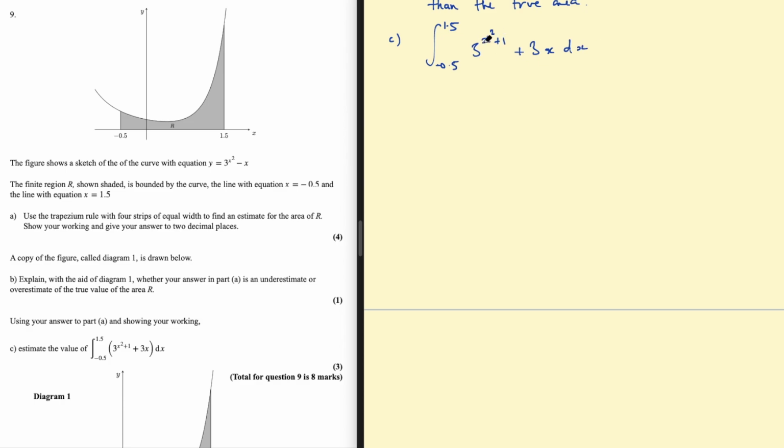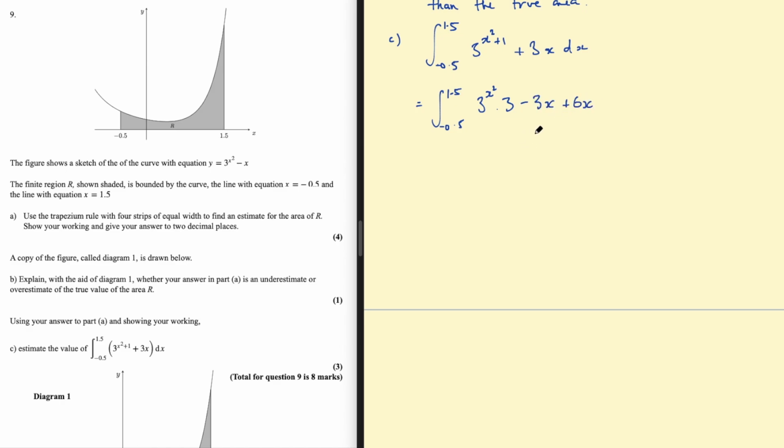Firstly, recognize that if we have 3 to the power of x squared plus 1, we can write that as 3 to the power of x squared multiplied by 3. Okay, so that when you're adding the exponents, it's the same as multiplying numbers with the same base. Then this plus 3x, we're going to write as negative 3x plus 6x.